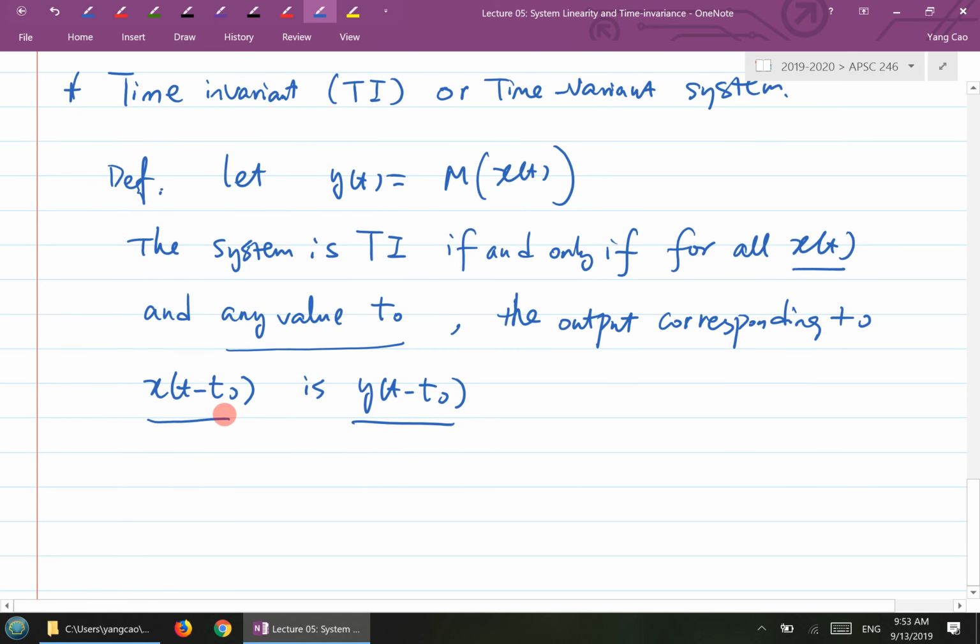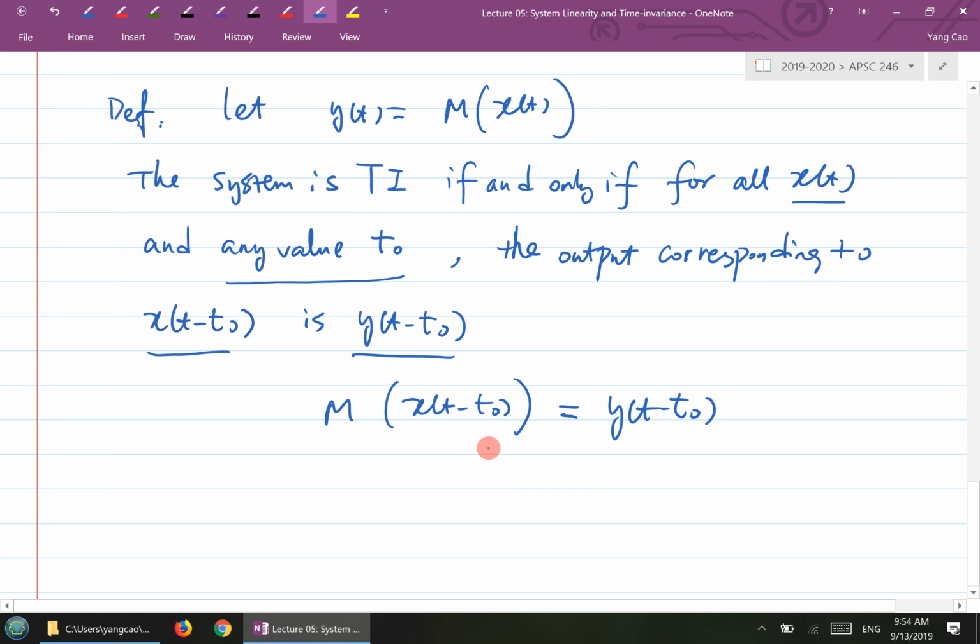So let me write this down here. When you have a new input, the new output is this. Let's describe the definition in a little more informal language. Originally this is your system, and you can't change that. Then the manipulation is you give the system a new input. What's the difference between the new input and the original input?